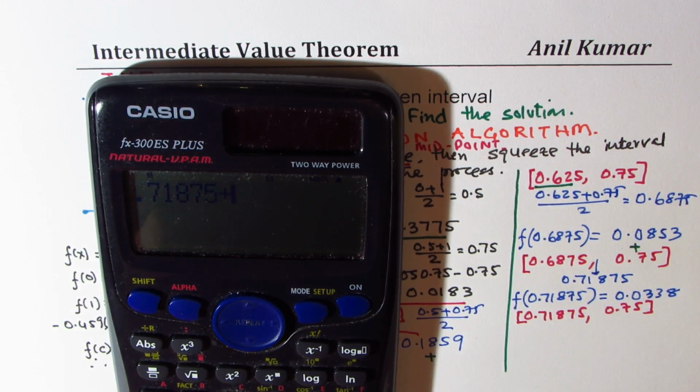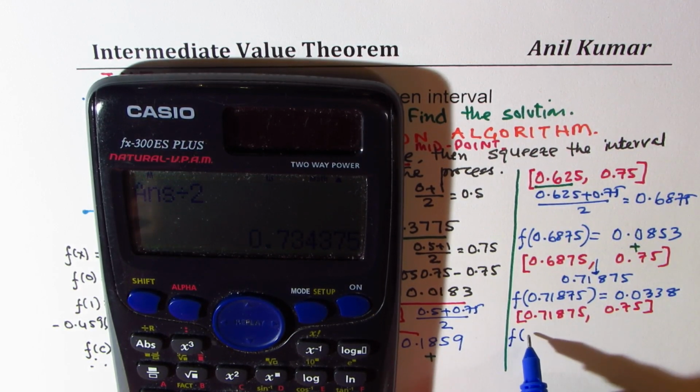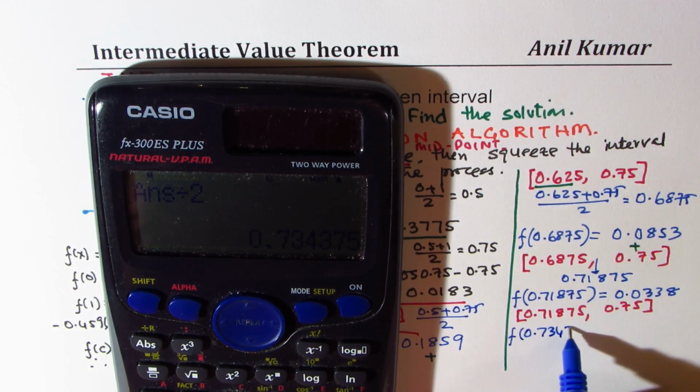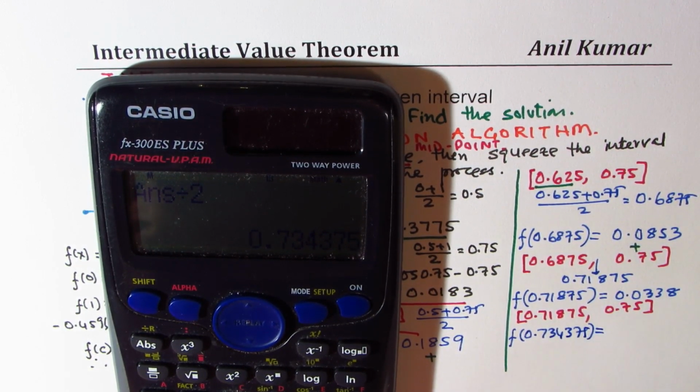0.71875 plus 0.75 equals, we are going to divide it by 2 and take the decimal value, which is 0.734375, right? That's the mid value in between the two. So we'll calculate the value of our function, which is cos of the same value, minus 0.734375.